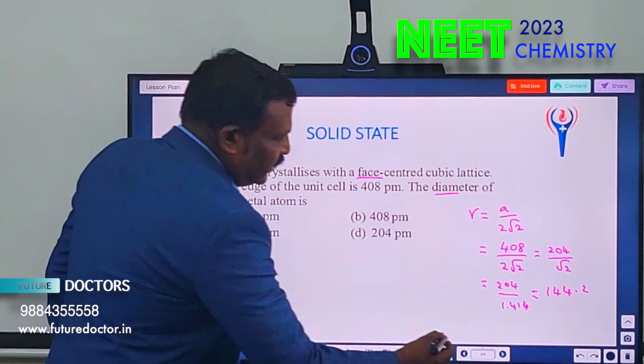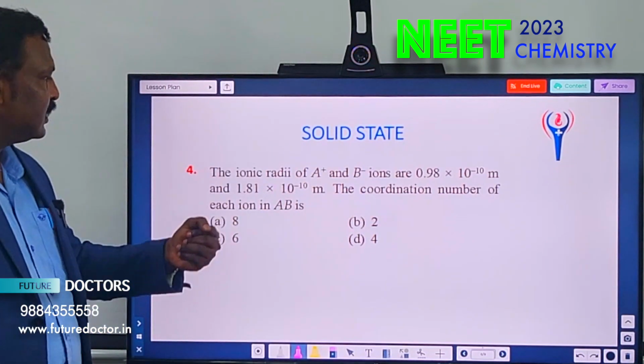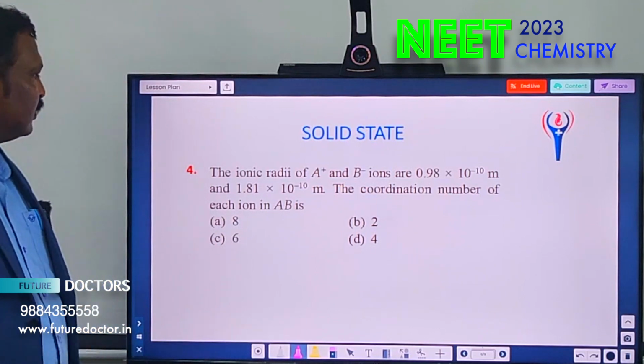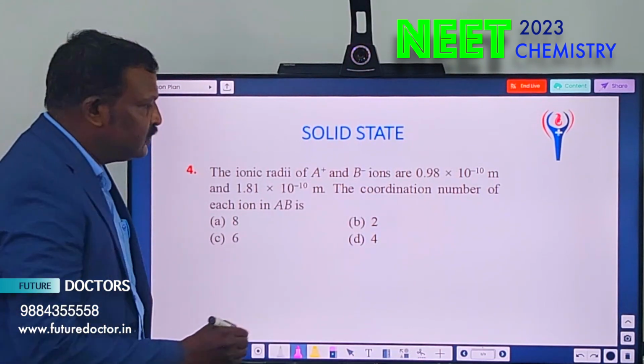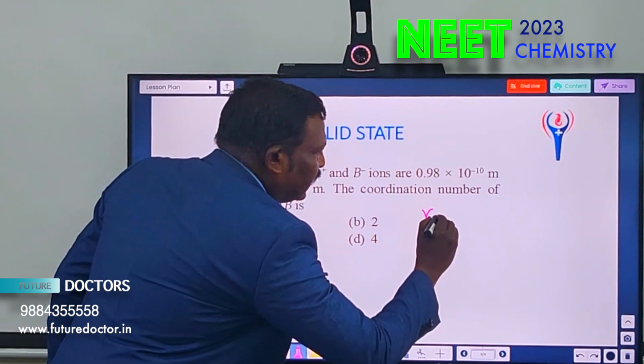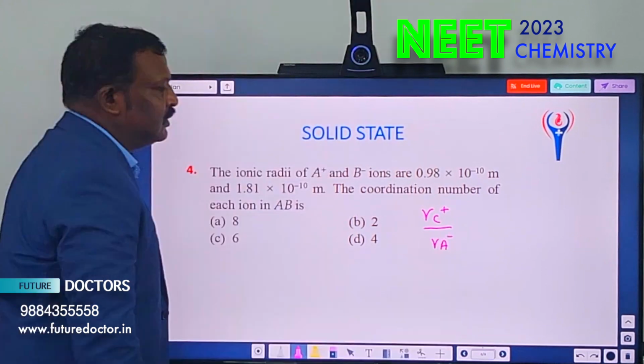Right. Next one. The ionic radii of A plus and B minus ions are given. They're asking to find the coordination number of AB. So what's the formula? The radius ratio formula: radius of cation by radius of anion. So you just divide like this.